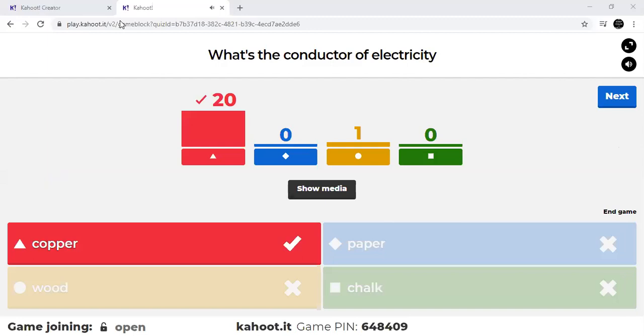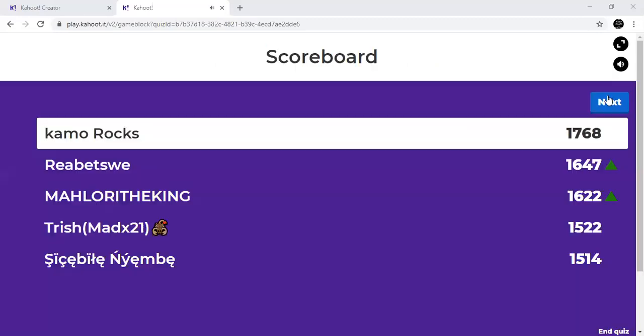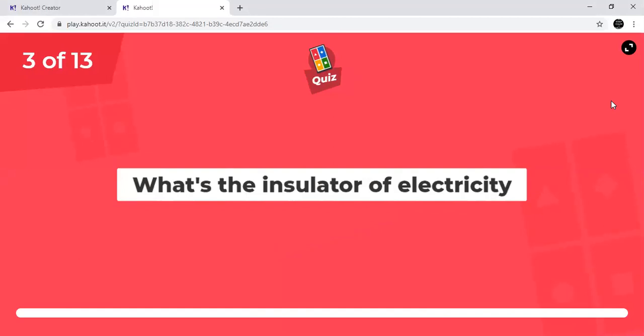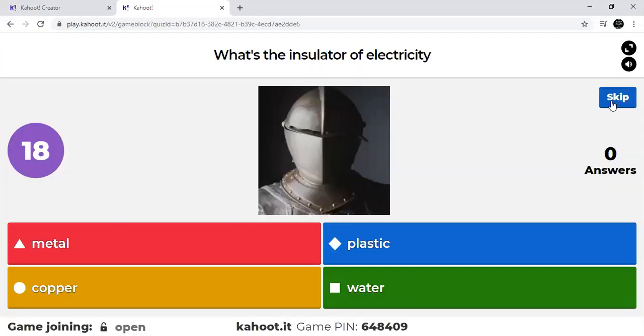I hope the one who said wood, it was a mistake. Like, you know, those mistakes that we make. I hope. Honestly, let's see the scoreboard. So we still have Kia, Rabbit, Mahlore, the K, Trish, and Snipey. All right, the next question. What's the insulator for electricity?